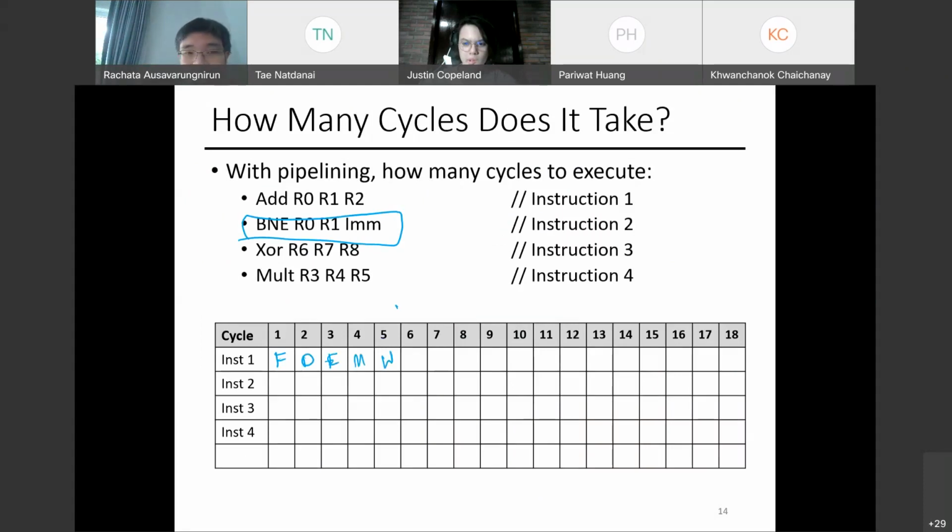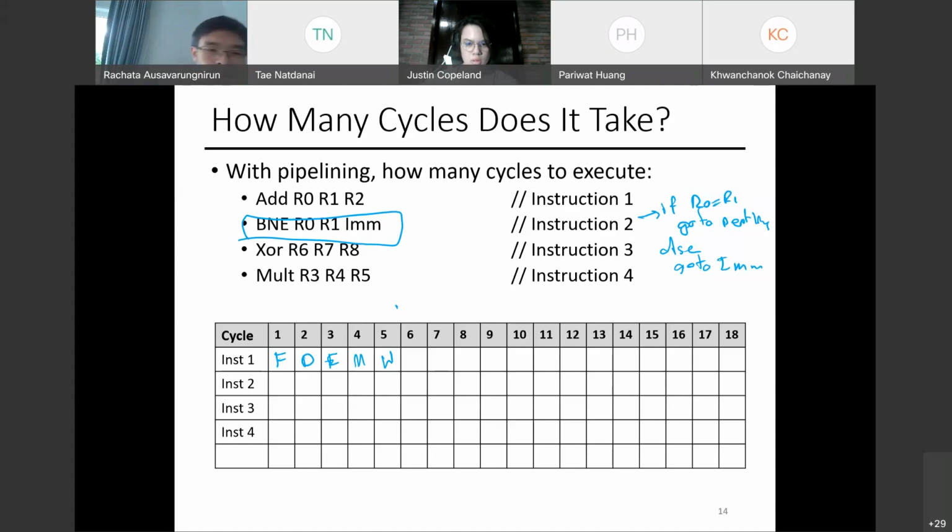Memory and write back. This is basically if R0 equals R1, go to next line, else go to immediate, right?